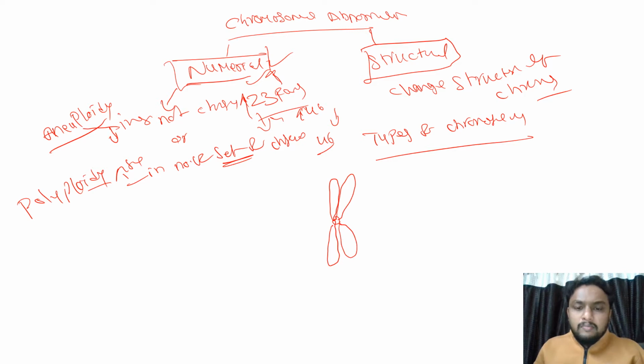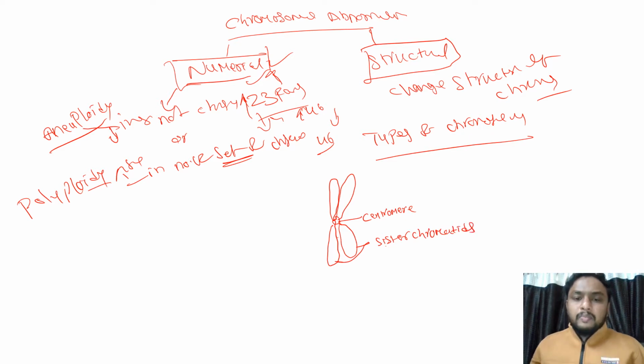Imagine this is a normal human chromosome. This is the centromere, the center part, which joins the two sister chromatids. These two are sister chromatids. This is the P arm. This is the Q arm.